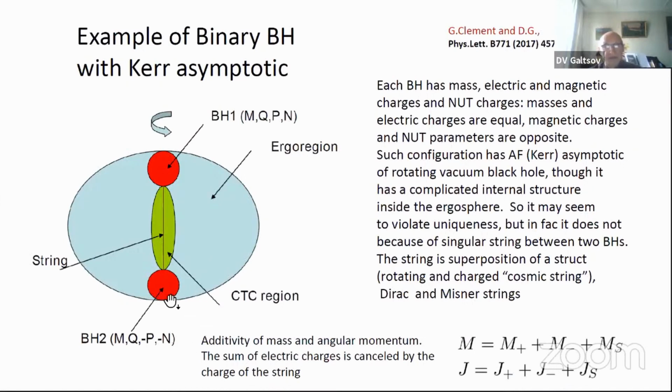Because of that, it doesn't have a Dirac string or Misner string outside this configuration. Outside the configuration is completely empty. There are only long distance fields, but no defects on the axis.